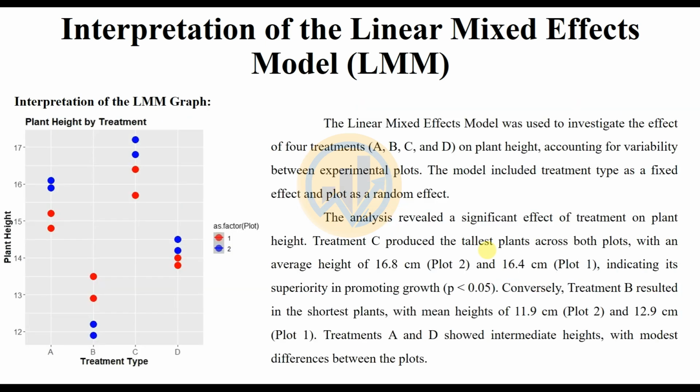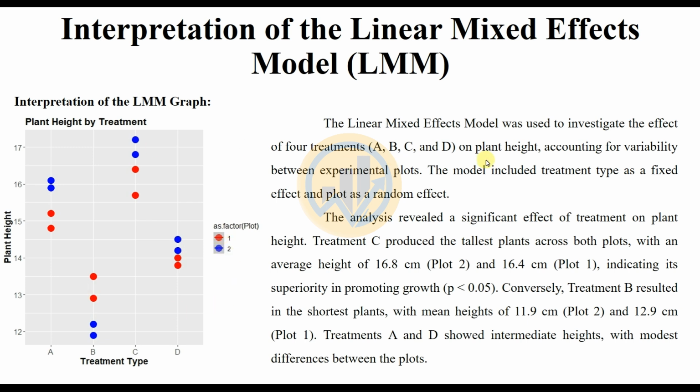The next one is the interpretation of the linear mixed effect model graph. The x-axis is the treatment type and the y-axis is the plant height, and the factor is plot 1 and plot 2. The red color is plot 1 and the blue color is plot 2.